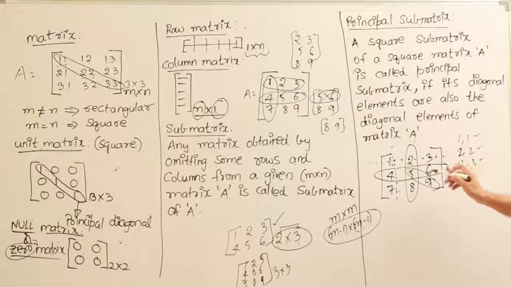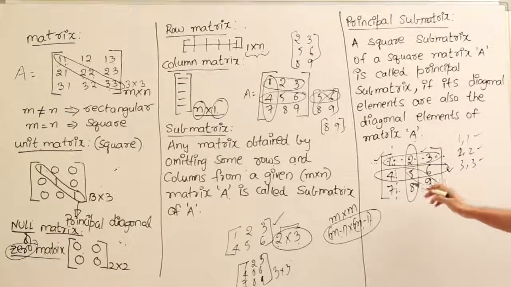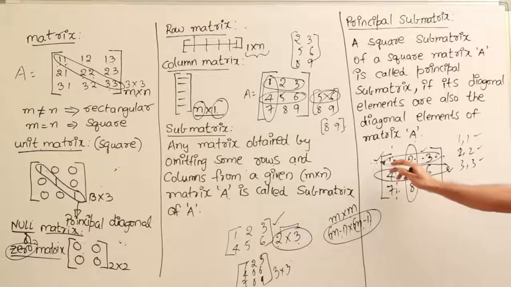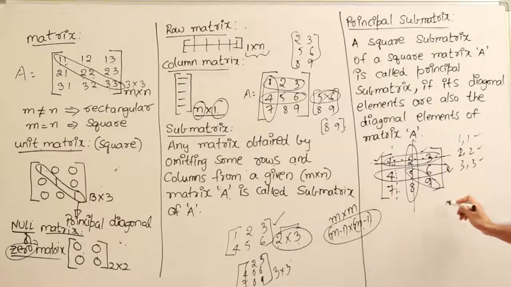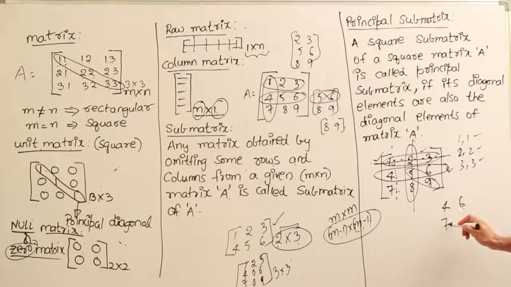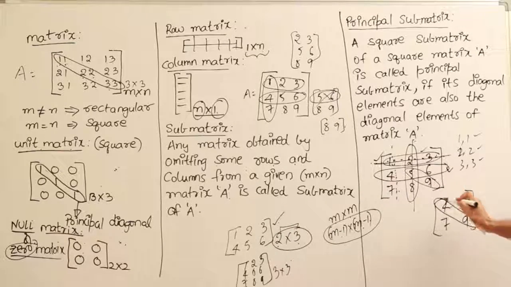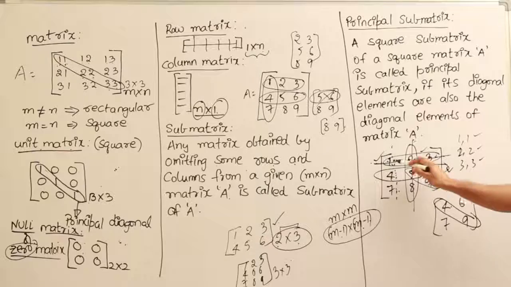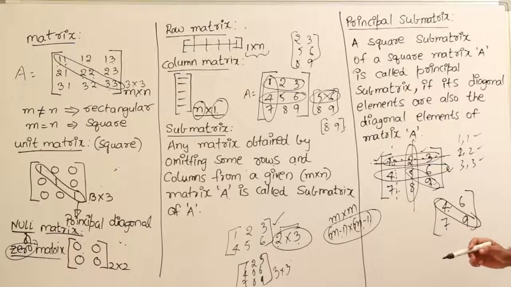For example, let's eliminate the first row and second column, and then see what elements are remaining. If you eliminate the first row and the second column, the resulting elements are going to be 4 6 7 9, right? And now if you observe the principal diagonal, it is 4 and 9, but 4 is not present in the principal diagonal. See, I am not talking about the particular element 4, I am talking about that position, right?